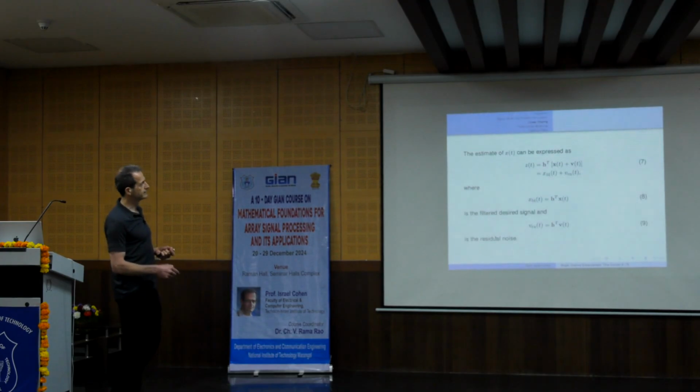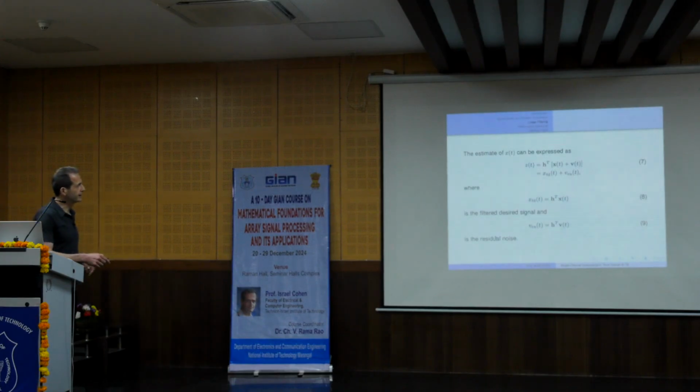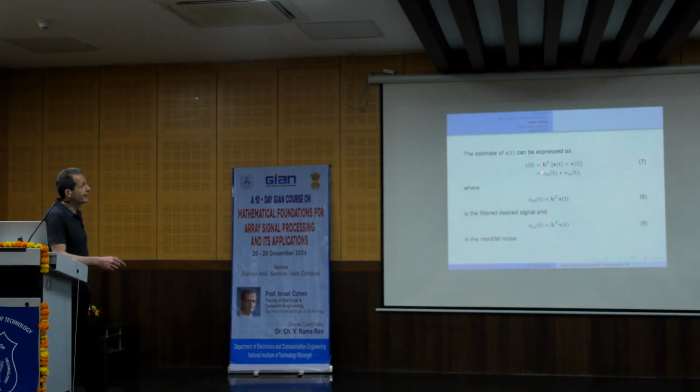Okay, so we can write the output as H transpose (x plus v). So it has two components because it's a linear filter. This is the advantage, that we can define things more easily. This sample contains two components. One component is the filtered desired component, and the other is the residual noise, which is H transpose v.